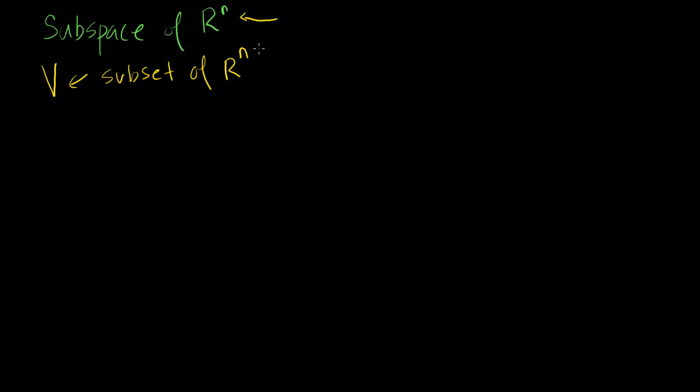Sometimes we visualize it as multi-dimensional space, but if we wanted to be as abstract as possible, it's the set of all x1, x2, all the way to xn, where each of the xi's is a member of the real numbers for all of the i's. That was our definition of Rn.